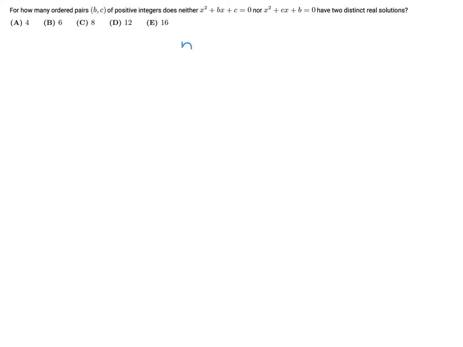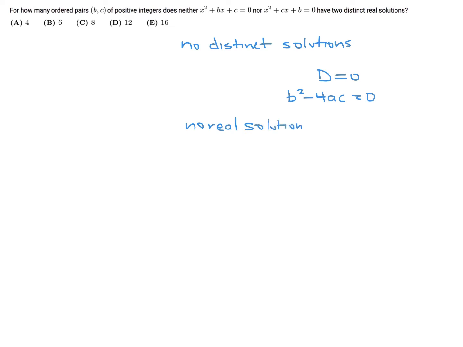If you have no distinct solutions, that means the discriminant, b squared minus 4ac of a quadratic equation, is equal to 0. If you have no real solutions, that means the discriminant is less than 0. They don't want distinct and they don't want real, so the discriminant D has to be less than or equal to 0.